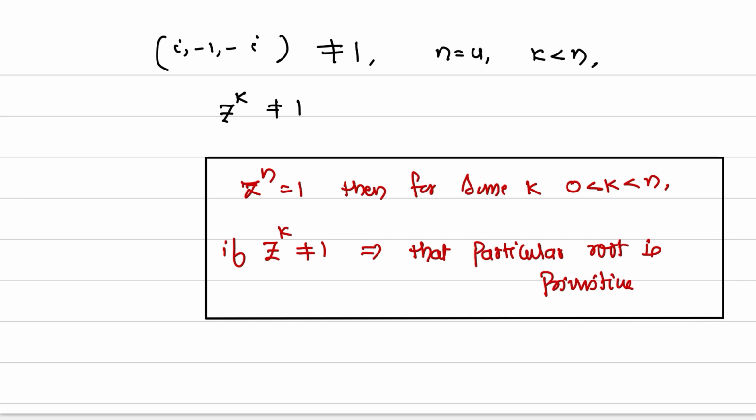I will redo the problem again if you want. I will redo. When the total roots of z to the power of 4 are 1, i, minus 1 and minus i, let us say.